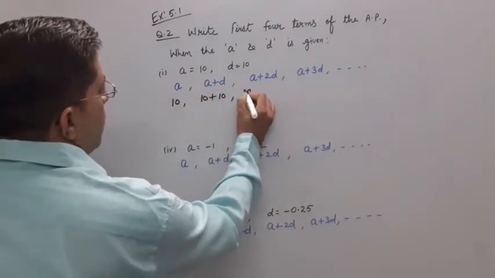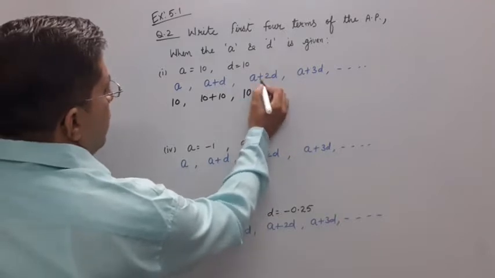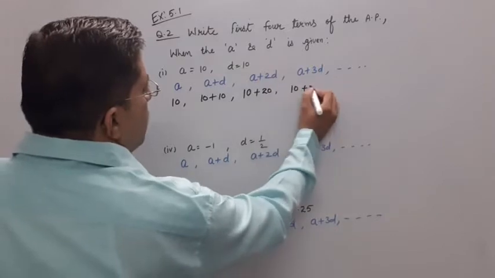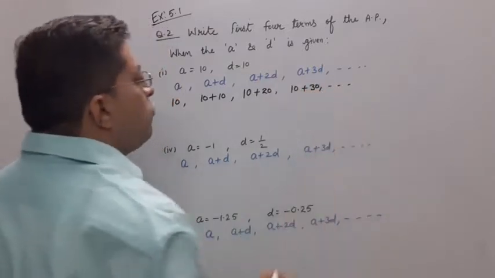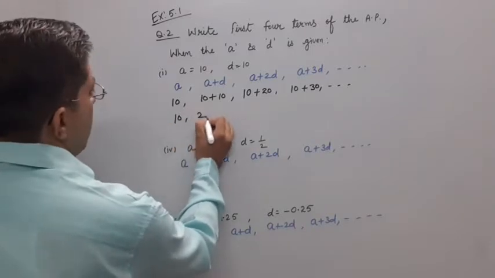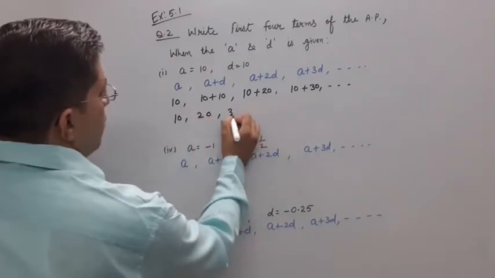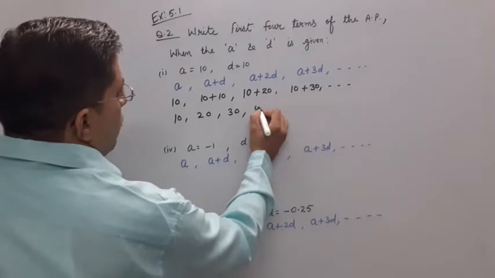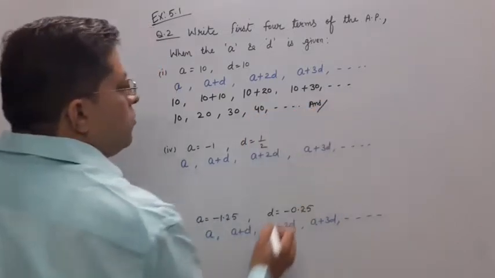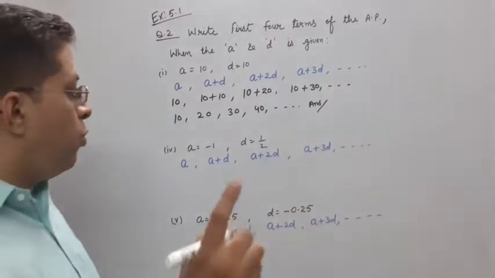This is 10, and 2 into 10 is 20. 10 plus 3 into 10 is 30, and so on. What will be the AP? 10, 20, 30, this is 40 and so on. This is your answer.